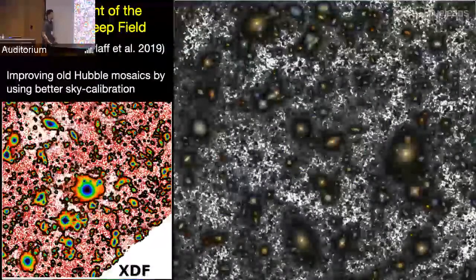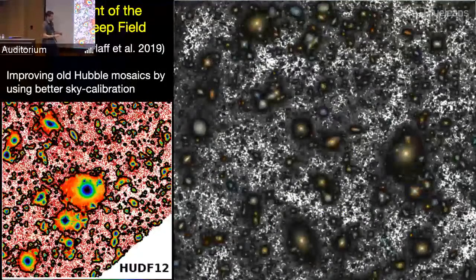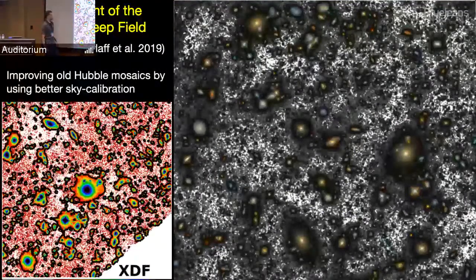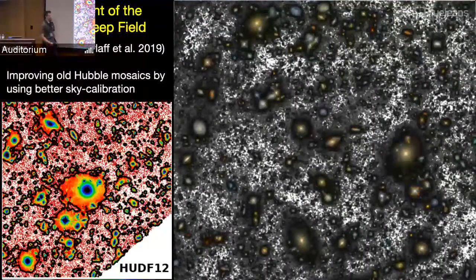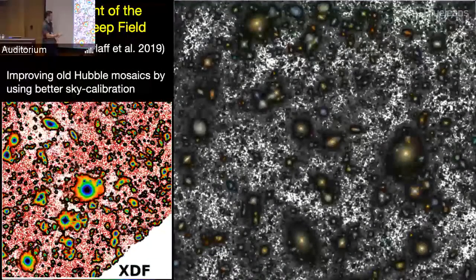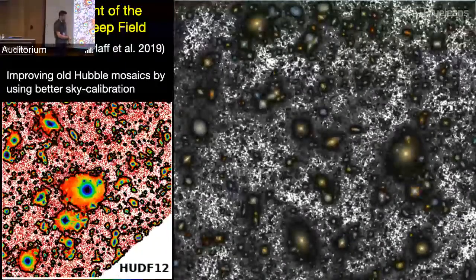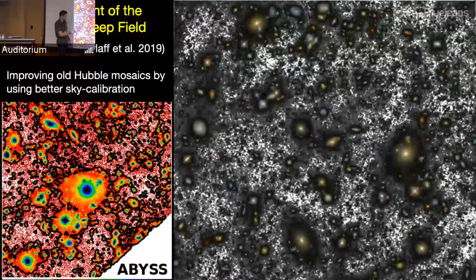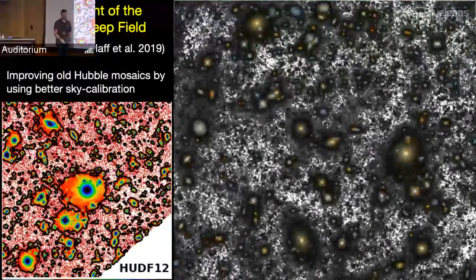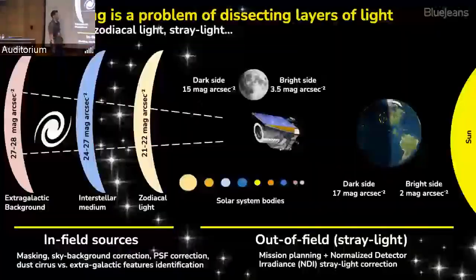Without using the stray light correction, and only using better masking and more careful sky background subtraction, we were able to demonstrate that the Hubble Ultra Deep Field still retains a huge amount of light that had to be recovered. You can see the limiting size at the 29 isophote magnitude as a function of the version of the image. This is the Extreme Deep Field and the Ultra Deep Field, and this is our version, and you can see how the galaxy is twice the size using the same observational data.